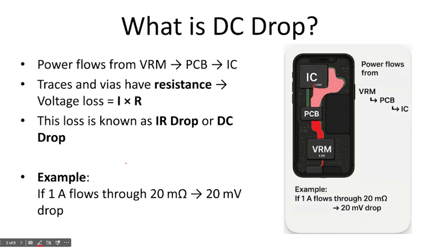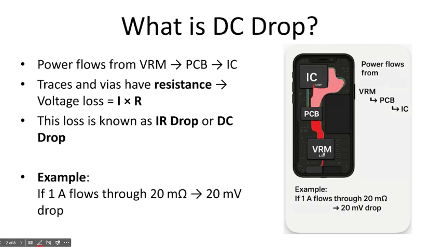When I say source here, I mean the VRM. VRM means voltage regulator module, and the voltage from the VRM starts from this component, travels through the PCB and then reaches our IC, the main component which does all these functionalities.